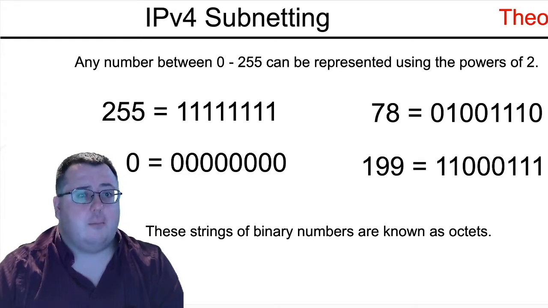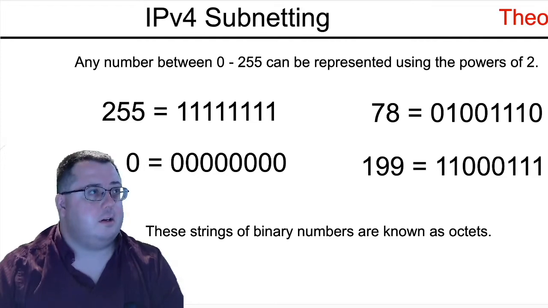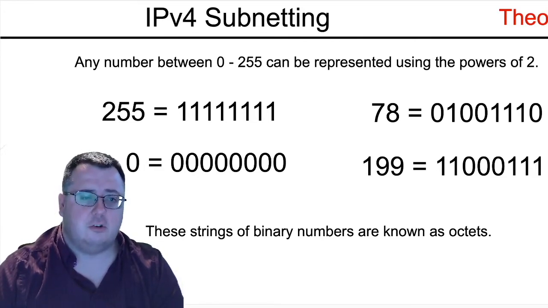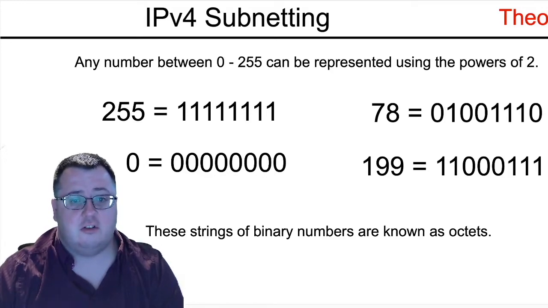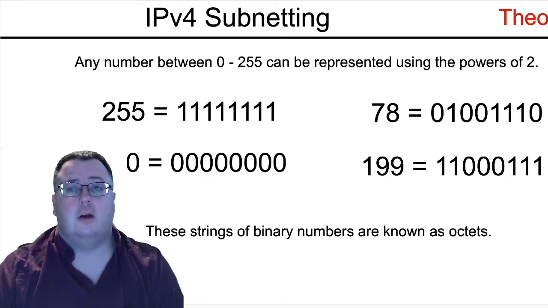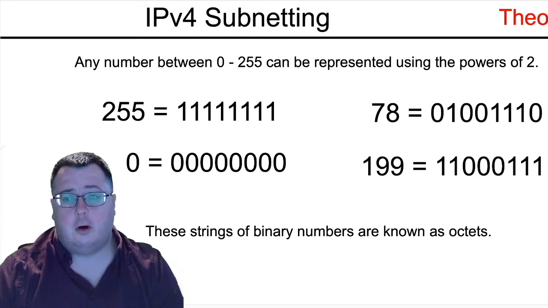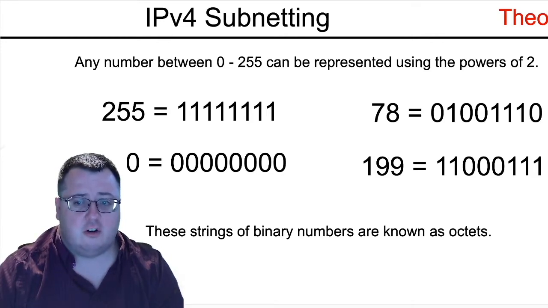So any number between 0 and 255 can be represented using the powers of 2. So 255 is 11111111. 0 is 00000000. 78 is 01001110. 199 is 11000111.